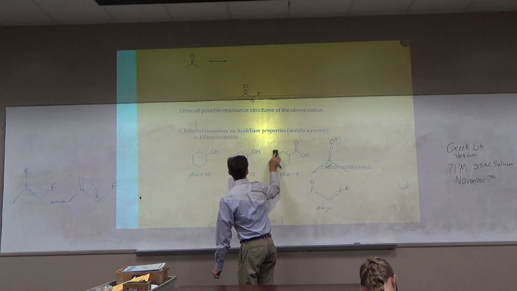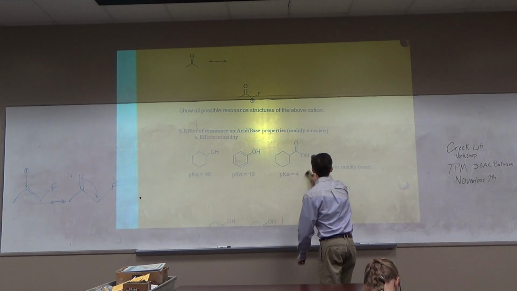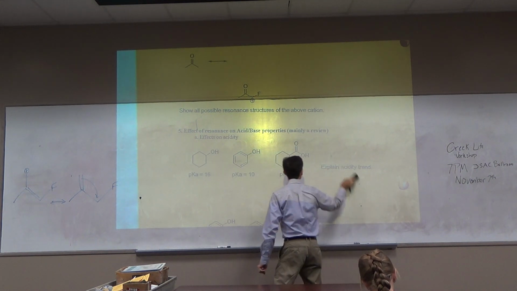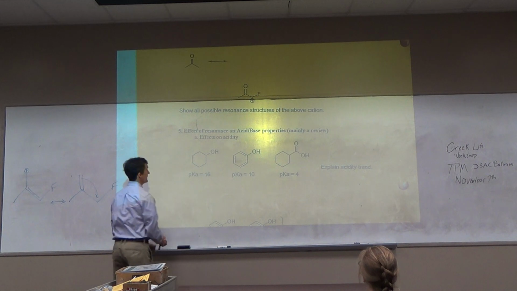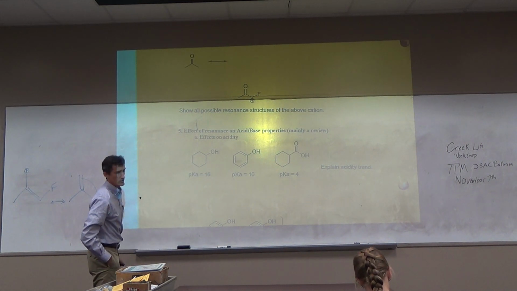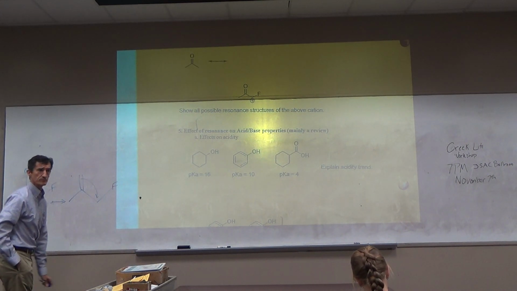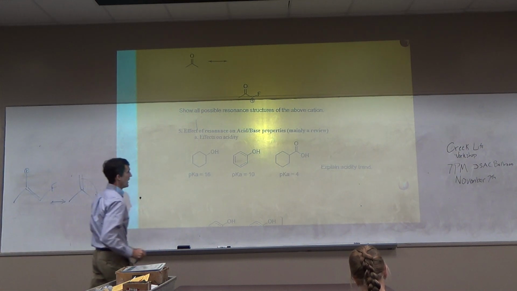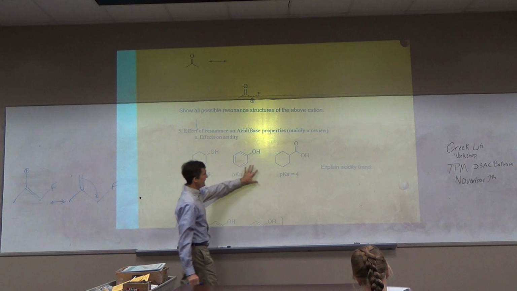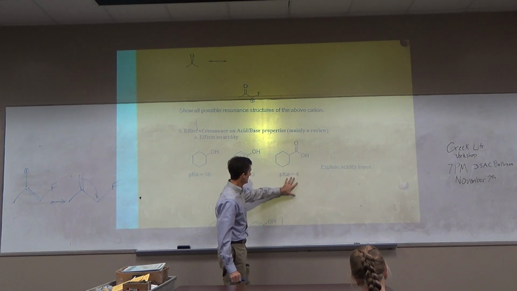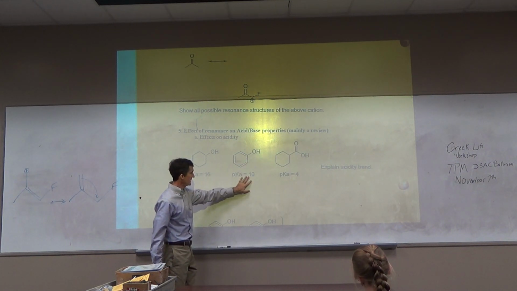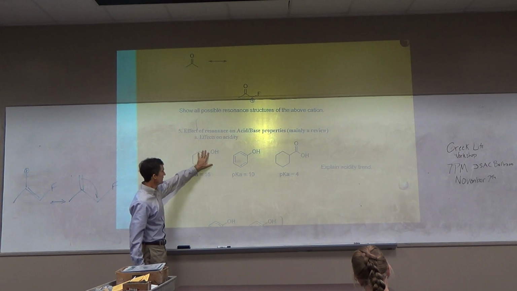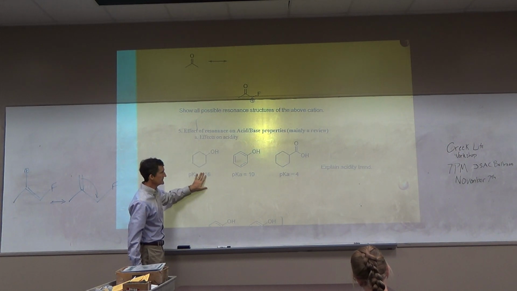Most of this is going to be on the answer key I send you. You need to make sure you work through these. And before you look at the answer key, also look back at your acid-base handout from test 1 with some resonance there, yeah? These OH compounds: carboxylic acid, pKa 4; phenol, 10, less acidic; regular alcohol, 16, even less acidic.